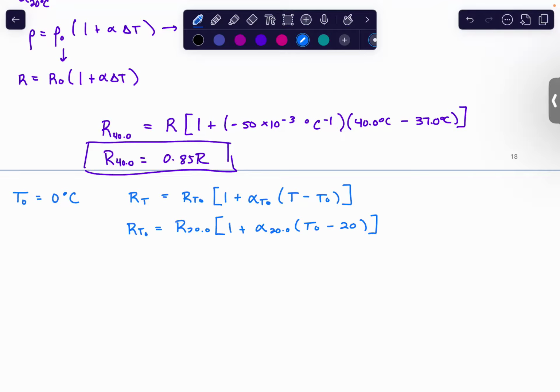And this is, we're going to relate that to RT0.